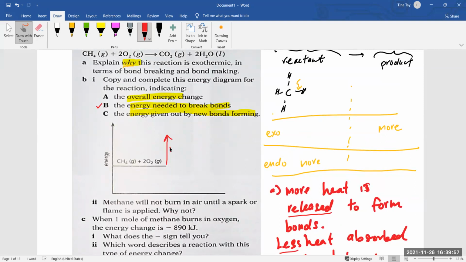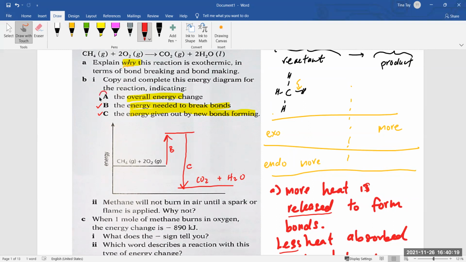You absorb first, okay? And then you release. Here's the product. The product is carbon dioxide and water. The energy given up is C. Okay, so this much is absorbed, this much is released.